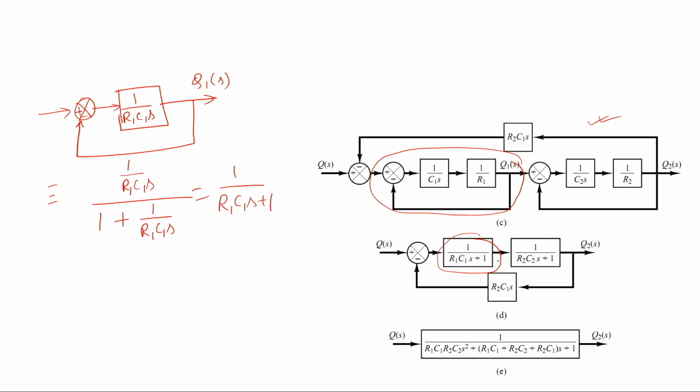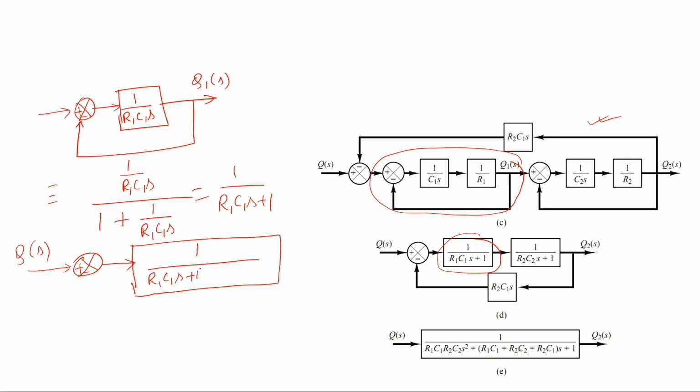So, this multiplication is 1 by R1 C1S plus 1 into R2 C2S plus 1, with QS as input and Q2S as output. R2 C1S will be going to here.